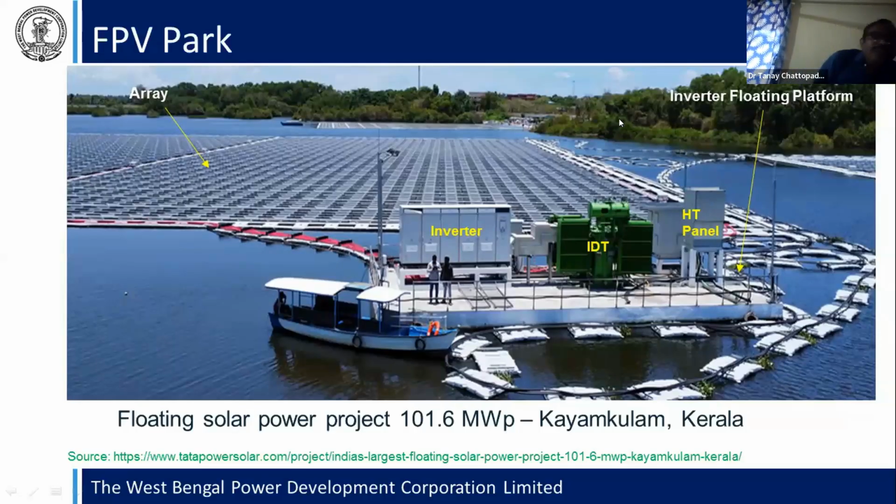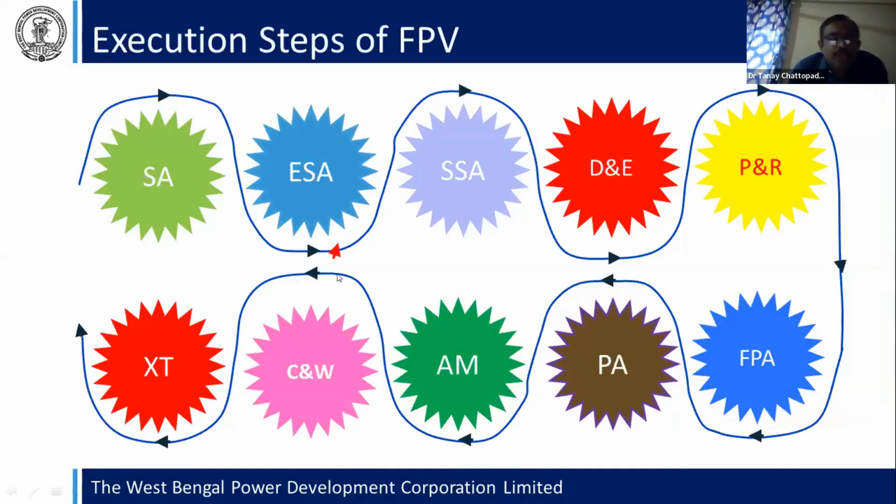And now, what are the execution steps of the floating photovoltaic plant? First, site assessment is the first one. Then environmental safeguard analysis is important. Then social safeguard analysis is important, and designing and engineering is important.